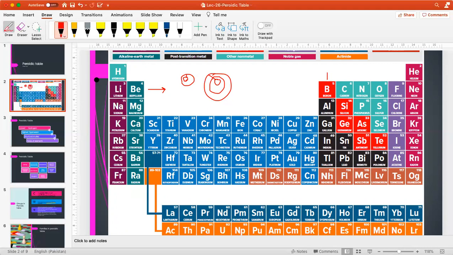Now, if you increase the distance, the hold will become weak. Okay? The impact of the positive charge on the negative charge will be a little weak and the electron will be loosely bound. Please remember this explanation in the upcoming discussion also.